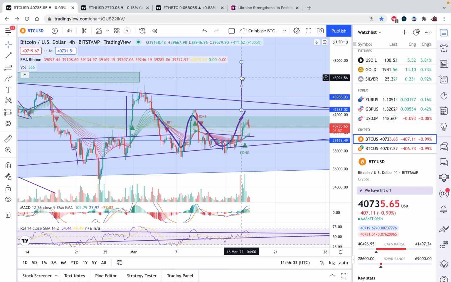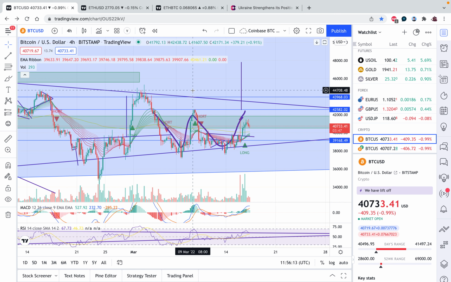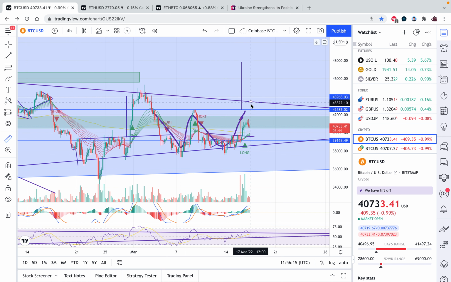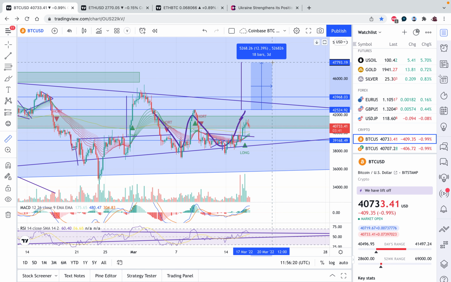Then you can see that we're having a possible trade to the 47.8k approximately, which is a very nice trade if we can do that, of 12% on a 10x leverage. That's a very significant trade.